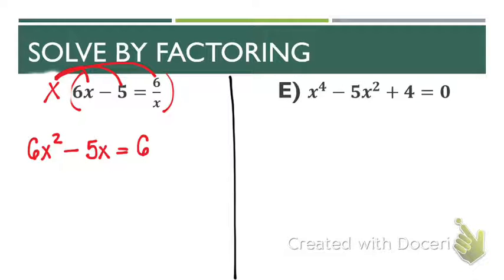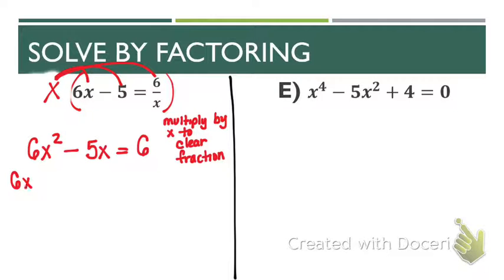So I had to multiply by x to clear out the fraction. And now it's just a regular quadratic. So you're going to set it equal to 0 and factor it.